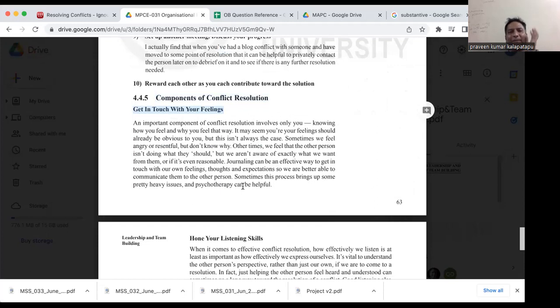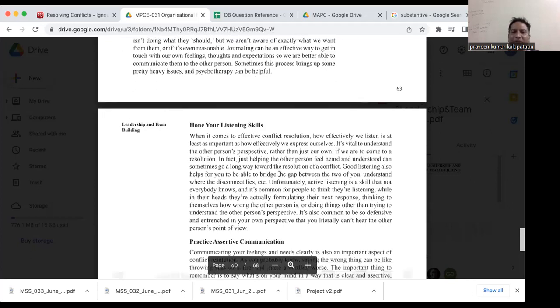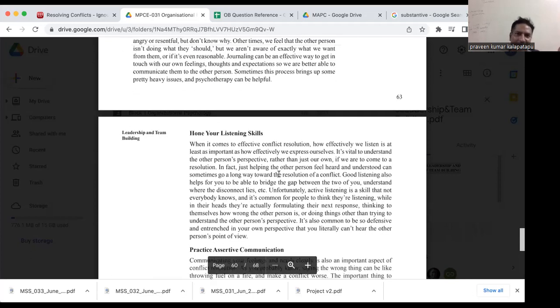This is the first part as far as conflict resolution is concerned, especially if you are the one in conflict. Understand yourself: what you are going through, what your thoughts are, what you are expecting. Unless you know yourself, you can't really go to the negotiation table or resolve the conflict with others. Then, your listening skills.